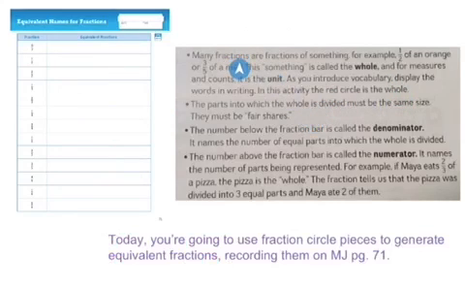You want to make sure you know many fractions are fractions of something. For example, half of an orange or 3/5 of a mile, that means that the fraction is part of something. The something is called the whole, and for measures and counts, it's the units. So make sure you're thinking these two concepts through.